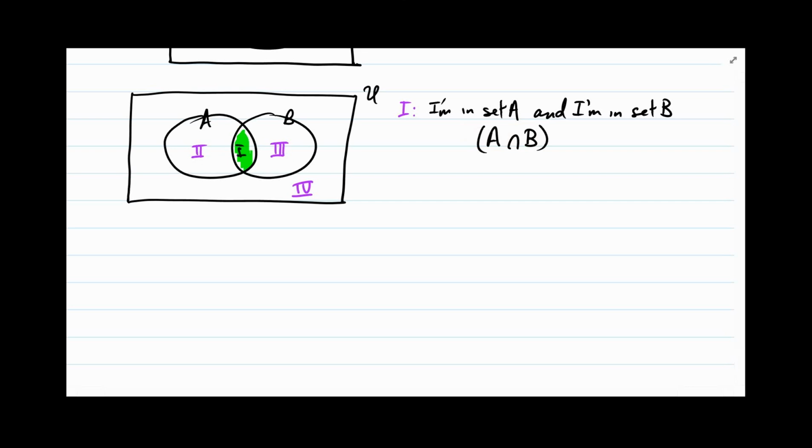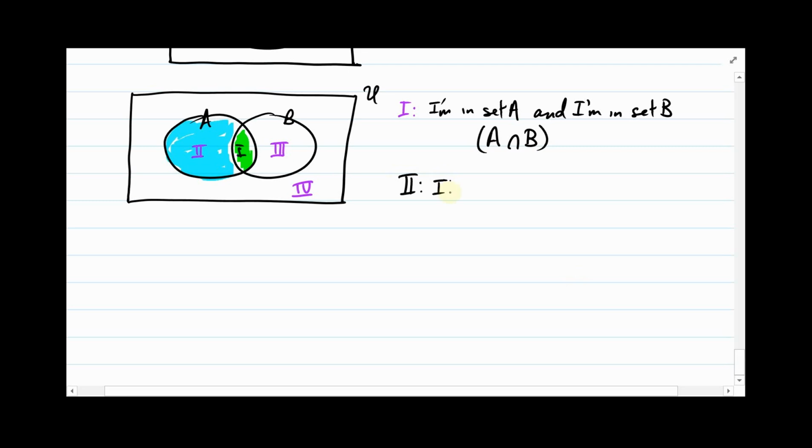All right, now let's go back to our second region, and I'll color code this in a different color. So region 2. If I'm in region 2, this blue region, I'm asking the question again: am I in set A?